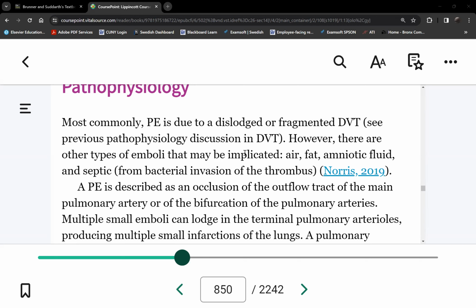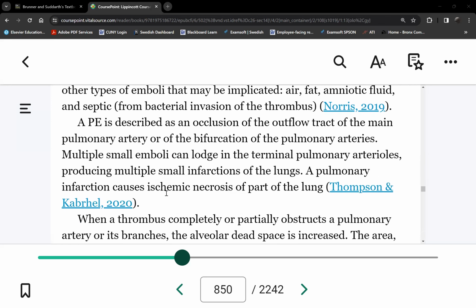As I mentioned, there are other types of emboli: air, fat, amniotic fluid, septic, or even foreign bodies. Chapter 26 discusses only the type caused by a blood clot. So that's what we're discussing and testing for next week.